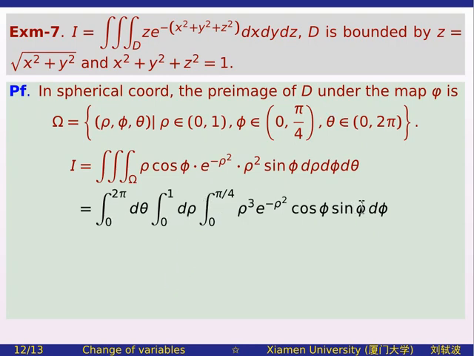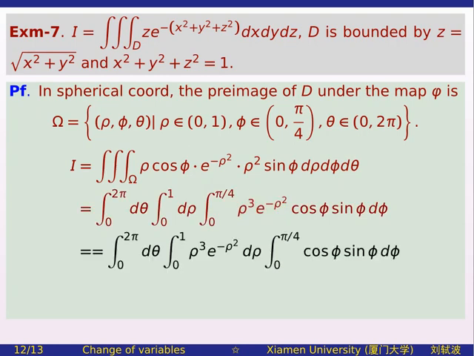First integrate with respect to phi, then rho, and then theta. In the innermost integral with respect to phi, those terms not involving phi, that is rho cubed e to the minus rho squared, can be moved outside the inner integral. Then we compute this integral.